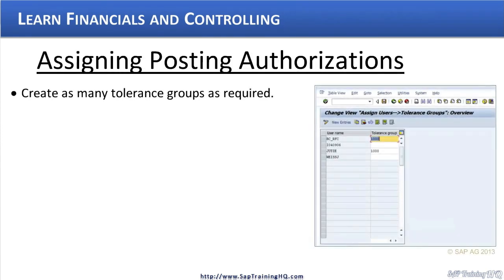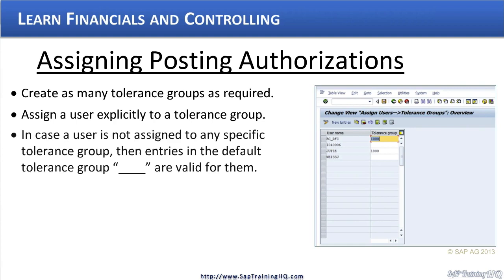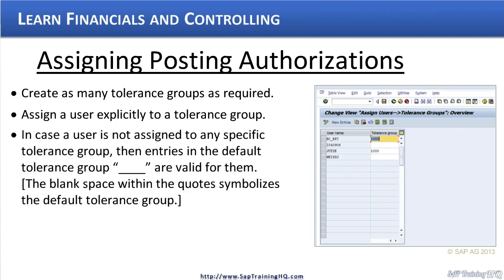You can create as many tolerance groups as required. A user can be assigned explicitly to a tolerance group. In case a user is not assigned to any specific tolerance group, then entries in the default tolerance group are valid for them. The blank space within the quotes on this slide symbolize the default tolerance groups.